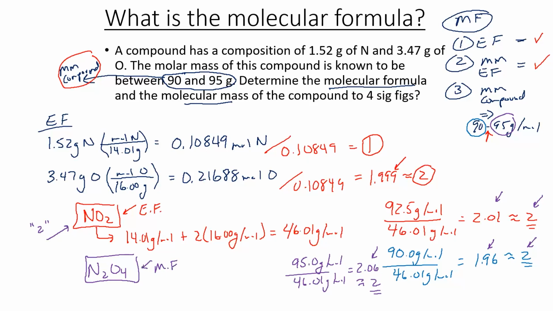So now that we have the actual molecular formula, which should tell us exactly how many atoms of those elements there are, we could actually answer the last part of the question here, which is what is the molar mass of the compound, or the molecular mass.